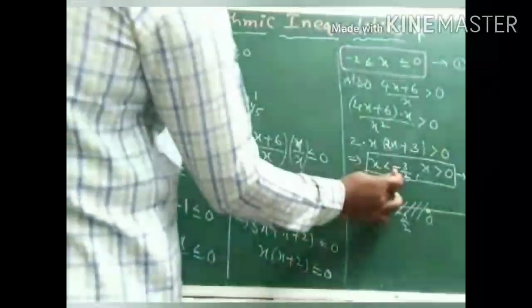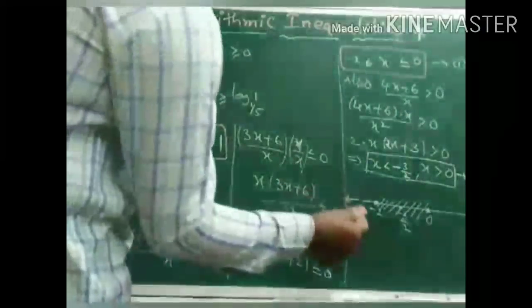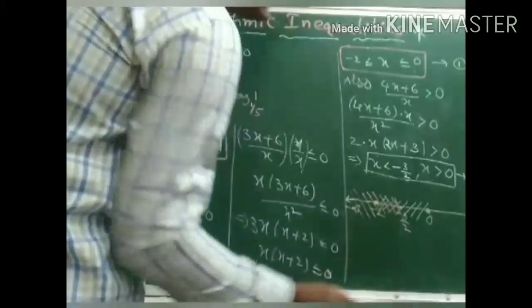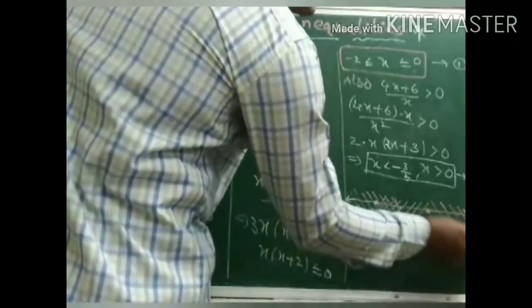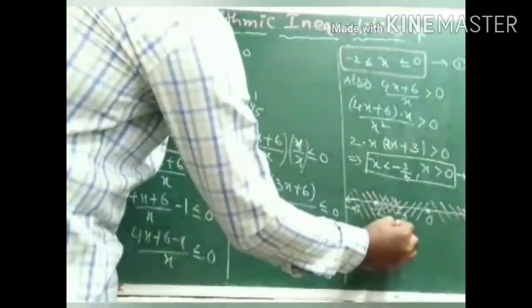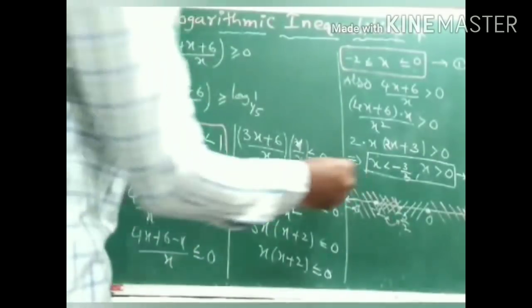Now coming to the second one, look at the solution: less than minus 3 by 2. Let me shade this with this color. So this is less than minus 3 by 2. And one more is greater than 0. So this is the other one, greater than 0. Now clearly, where is the intersection? I think this is the intersection part. So both are intersecting here.